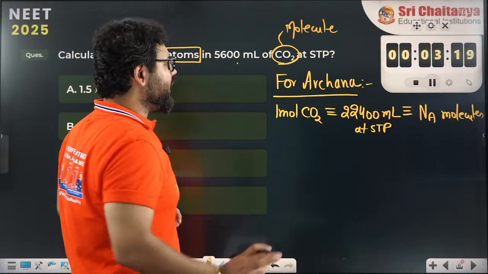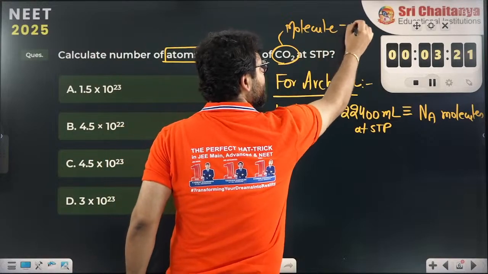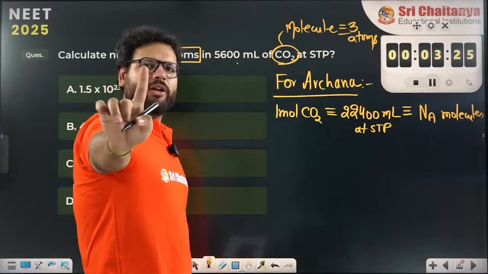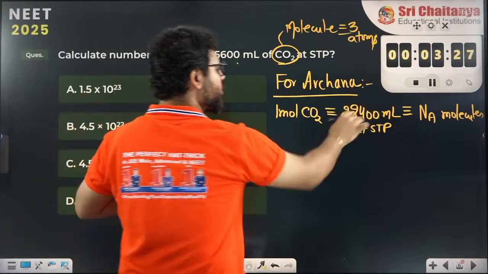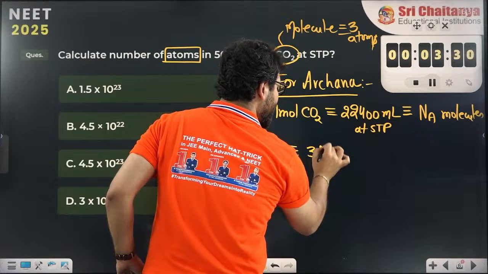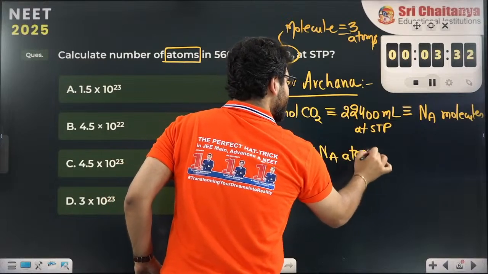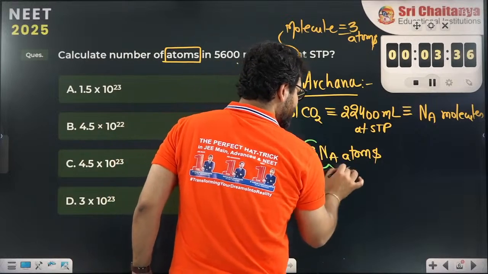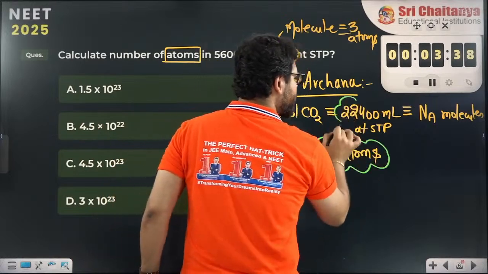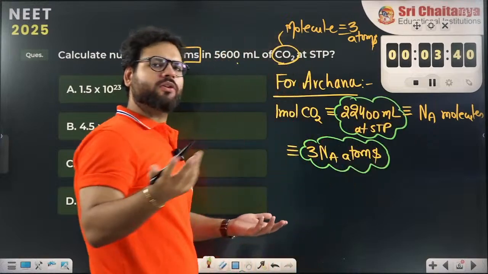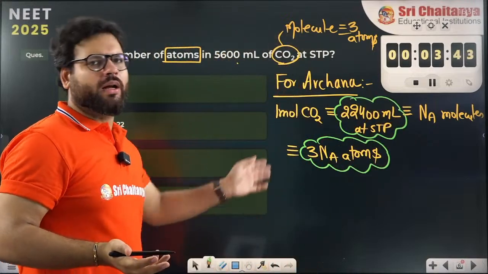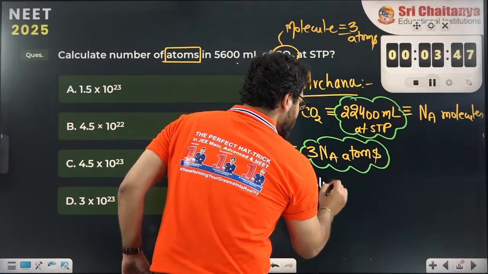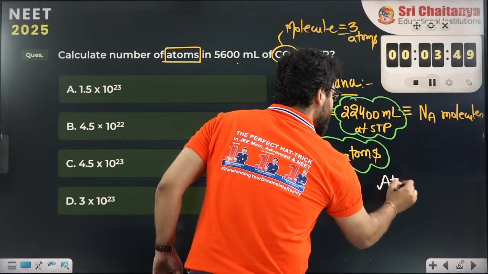Now each CO2 molecule has 3 atoms. So Avogadro molecules will have 3 Avogadro total atoms. Now our concern is to compare the atoms with volume. I will use the crisscross method. Volume versus atoms.